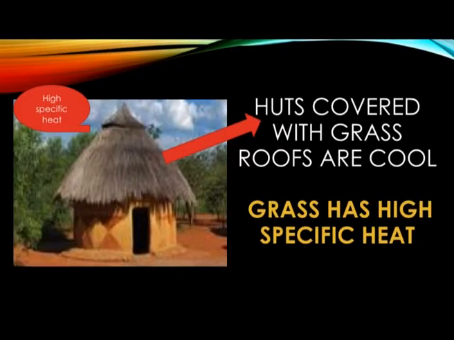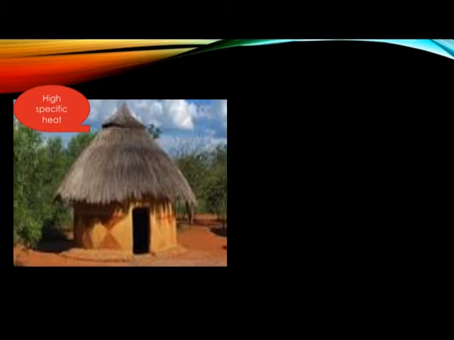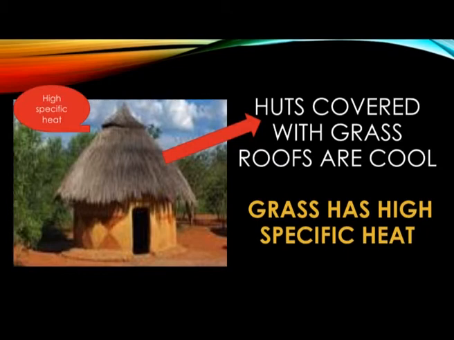Let us see another application. The houses which are covered with grass are so cool in summer. Why? Because the grass has a higher specific heat, so it absorbs heat very slowly. Thereby the houses covered with grass are so cool.